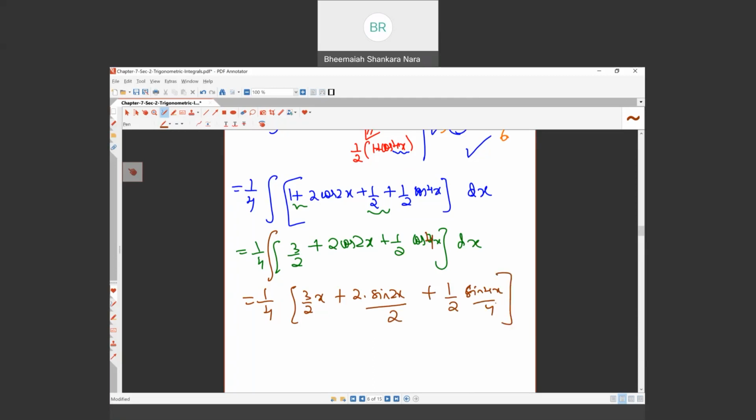Now we can multiply this 1/4 to every term, and as soon as we finish integration, we write a plus c. So this is 3/8 x plus 1/4 sine 2x plus 1 over 32 sine 4x plus c.